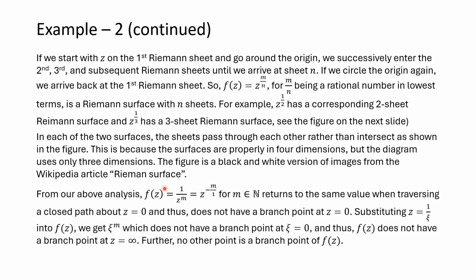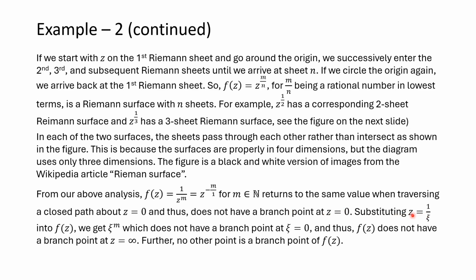We can also look at f of z equals 1 over z to the m. We can write that as z to the minus m over 1, so our n equals 1 here, which means that we return back to the same value when we encircle a closed path about 0, which implies that we do not have a branch point at z equals 0.